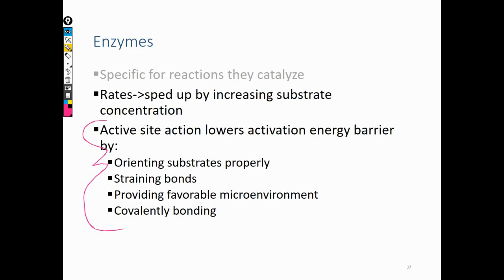So by doing any of these things, we're basically setting it up so it's more likely, faster, easier for the original large molecule to break up. That's our goal, right? We're going to break those bonds, get that energy out.